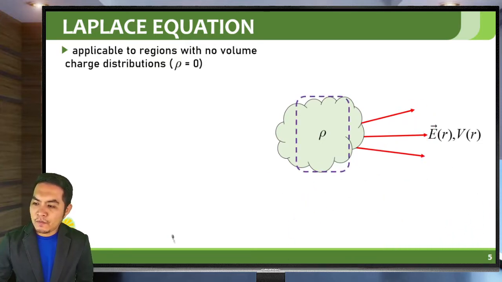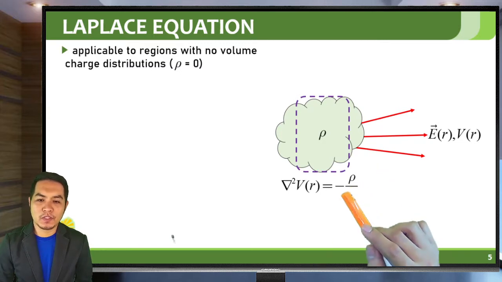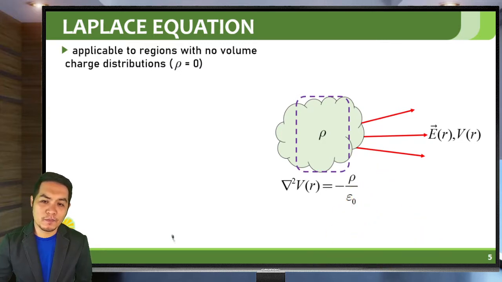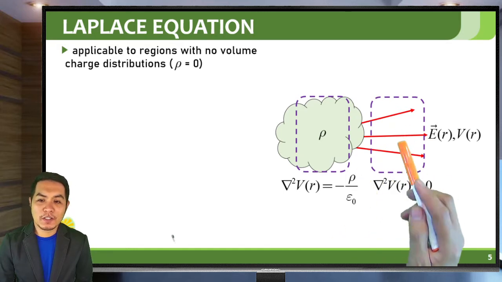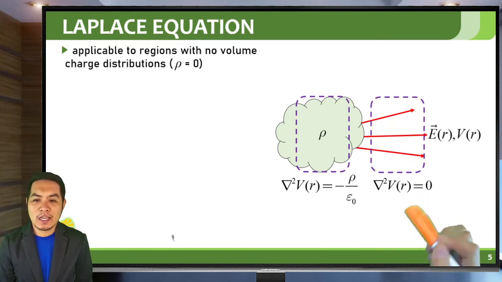Now, if you consider the region inside and apply the Laplacian of your potential, you will get essentially your charge distribution. This is Poisson's equation. But if you apply the Laplacian of your potential outside, then you will get 0 because there's no rho there, and you will use the Laplace equation.